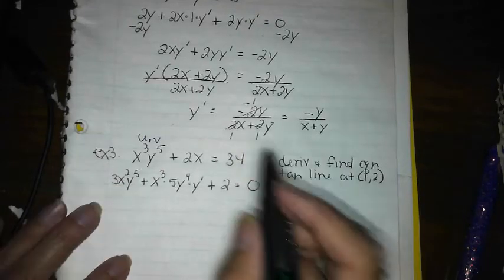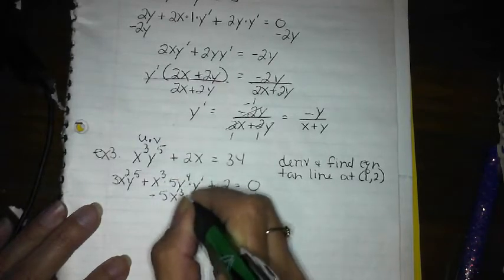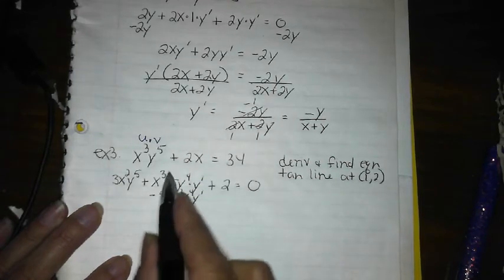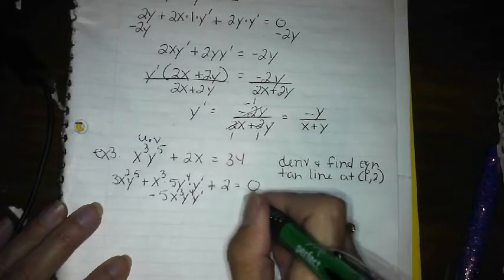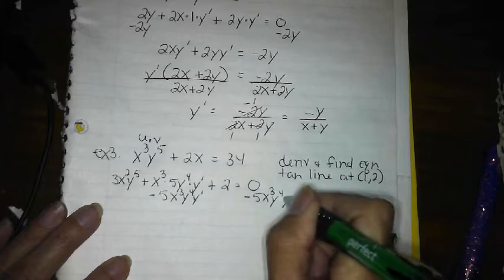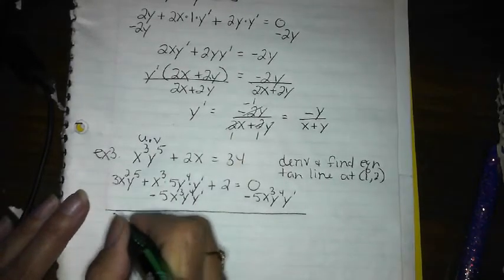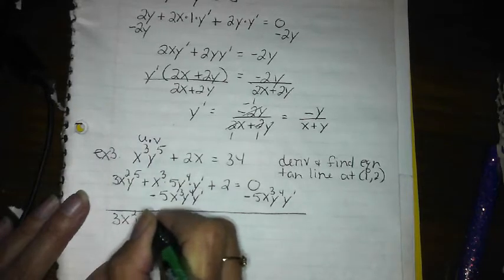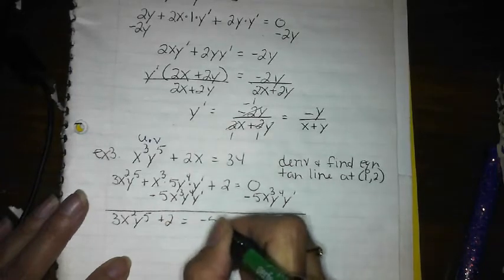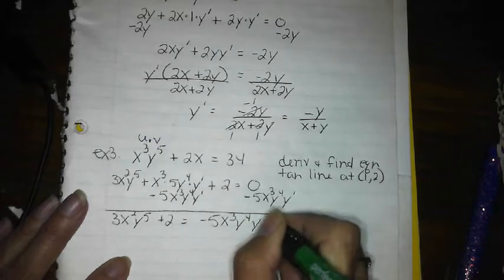So I will be subtracting 5x cubed y to the 4th y prime. Remember, these are all multiplied, so it is proper to bring the 5 to the front. So we have 3x squared y to the 5th, still have a plus 2, and then the negative 5x cubed y to the 4th y prime.